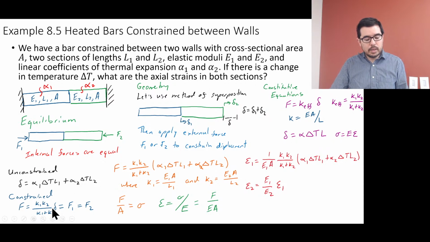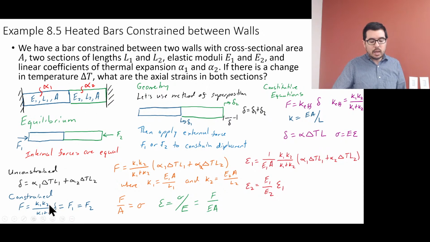So now what we can do is we say, look, there's this constraining force, and it's the same on both sides, it's the same in both springs, and the same in both bars. If I know what the spring constant of the entire system is, then we can figure out what these forces, this F1 and F2, are.